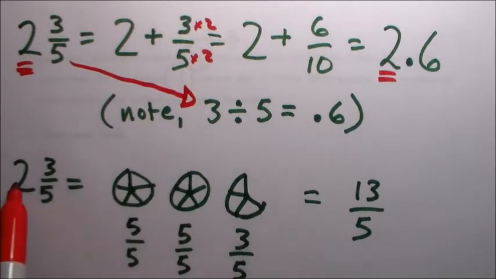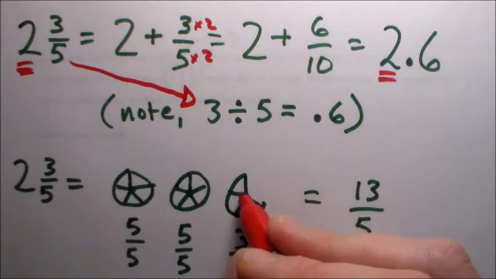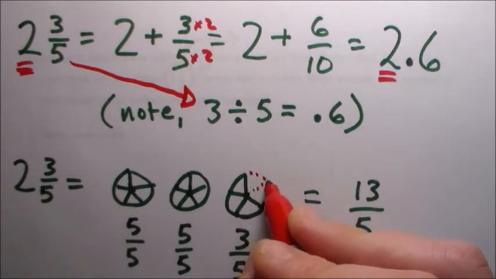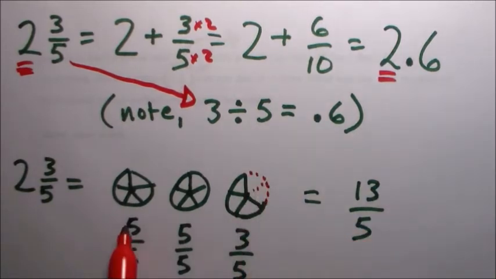Or you can say this is 2 3/5. Well, this is 5/5, this is 5/5, and this is 3/5, right? Because you have 1, 2, 3 out of a possible 5. If you add 5 plus 5 plus 3, you get 13/5.